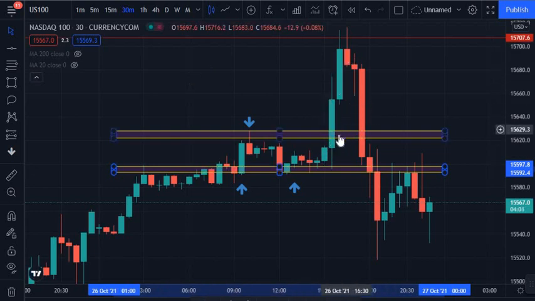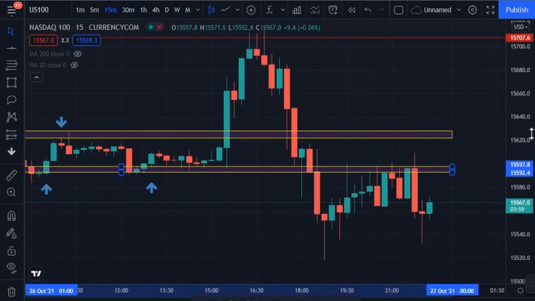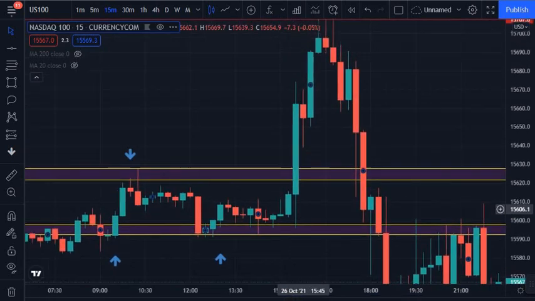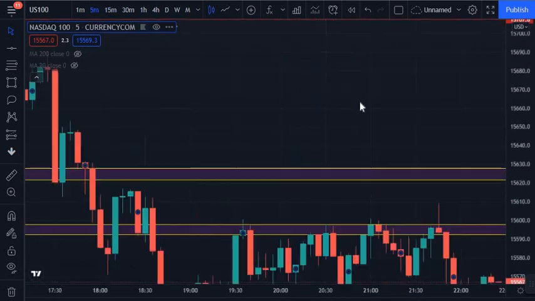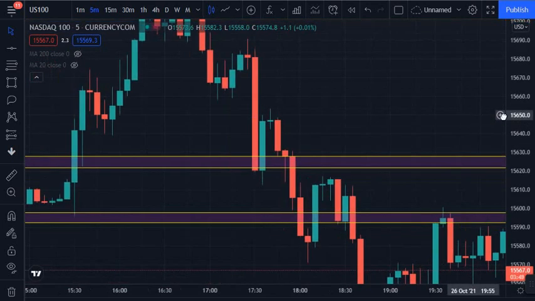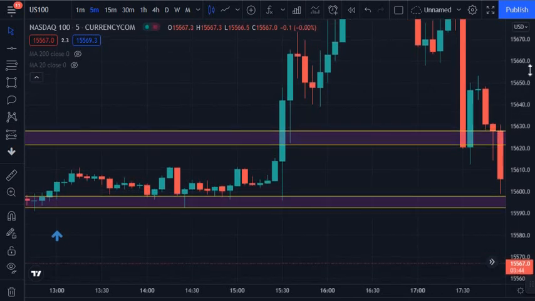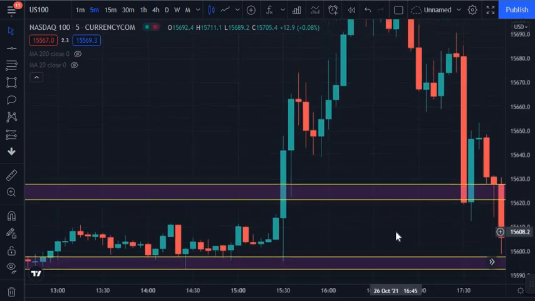The safer side, if you go on to the 15-minute time frame, okay, let's go to the lower time frame, 5 minutes. Here we go over here. So on the 5 minutes, what we have here is that price broke out.